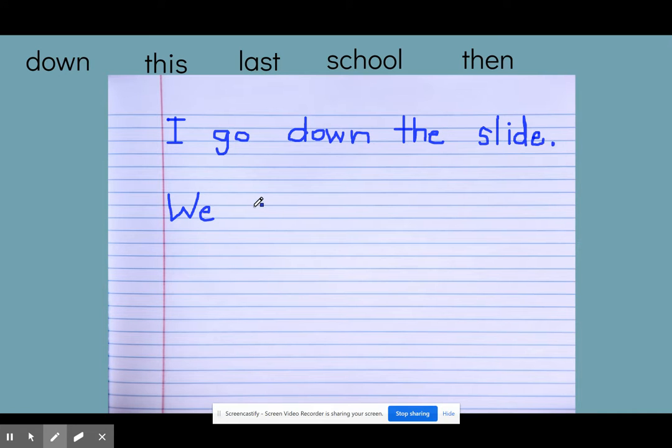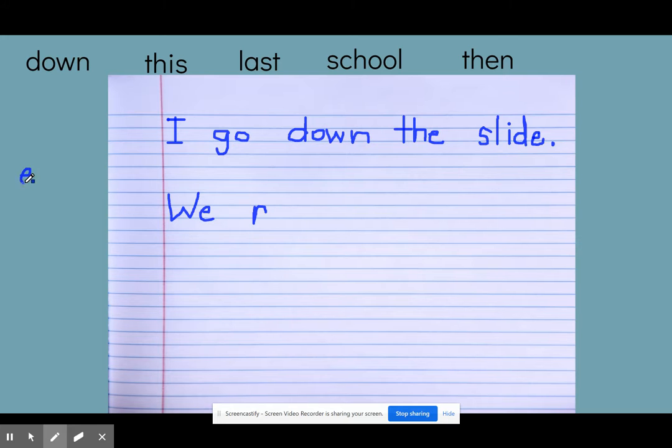We read. Let's get your first sound. Write it down on your paper. Eed. E. And hear the long E sound. E. And I know we've practiced several vowel teams.